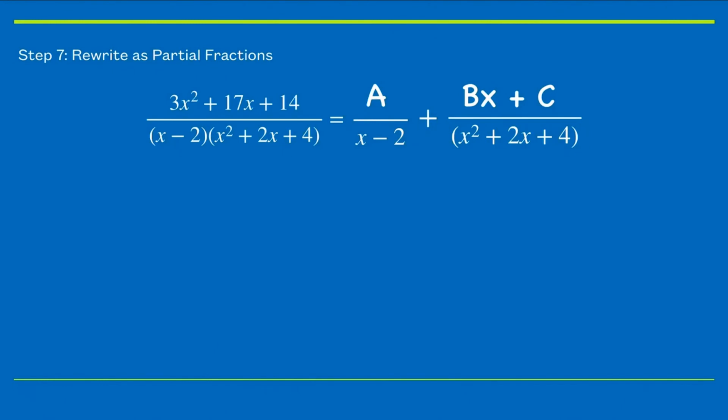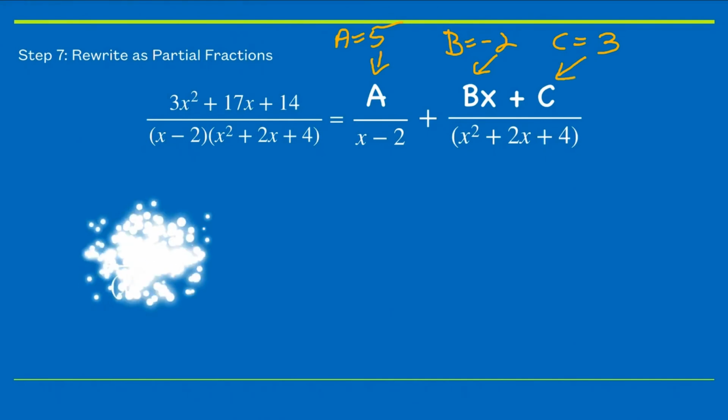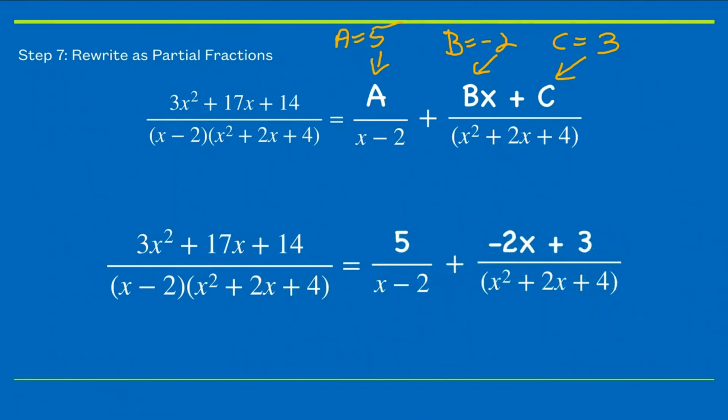And here's what we had from step 2. And if you remember from the previous slide, we said that a was 5, b was -2, and c equals 3. And then all we're going to do is just substitute those values in for a, b, and c, and then we'll have the completed problem as it pops on there, flashes on the screen.